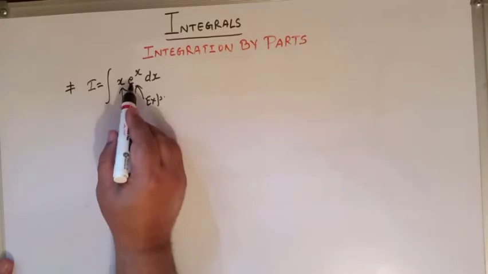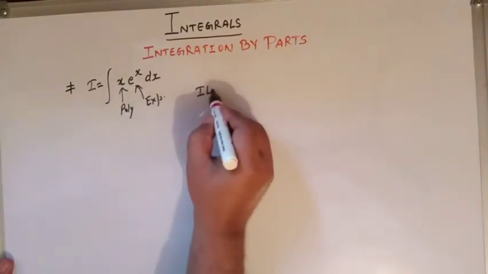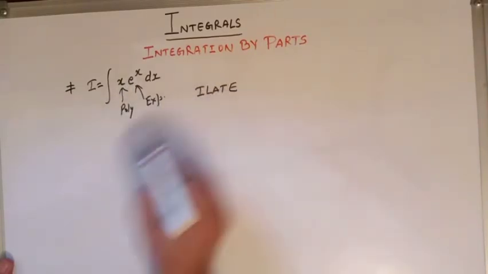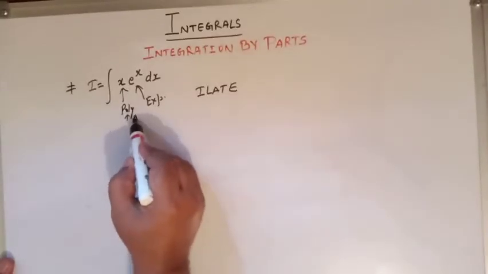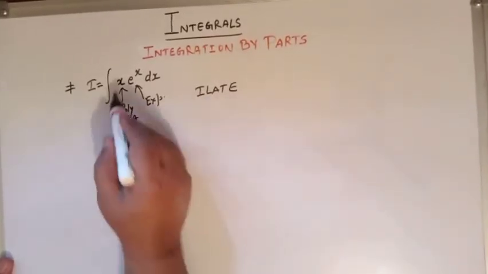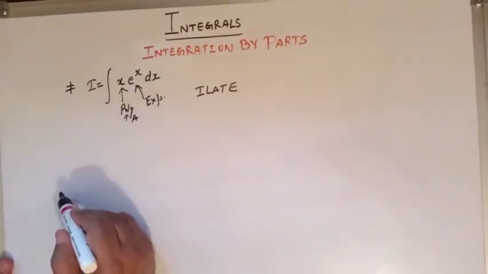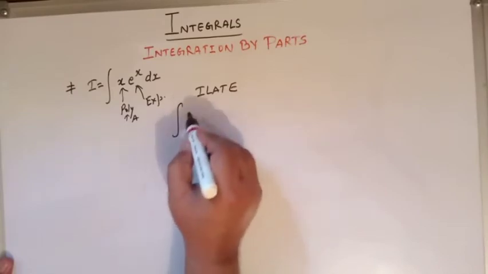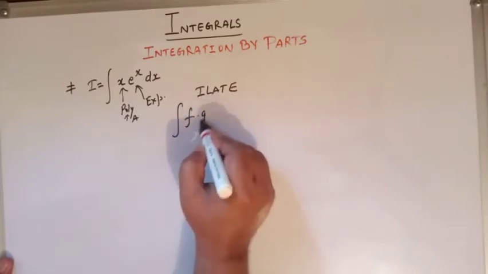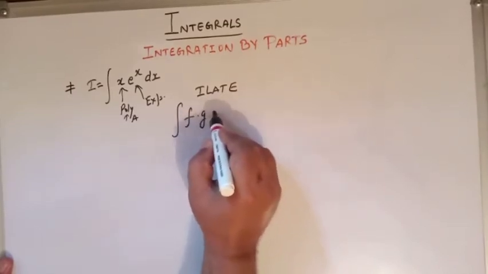So by the rule ILATE, this is an algebraic function and this is exponential, so the function x is to be treated as first function.